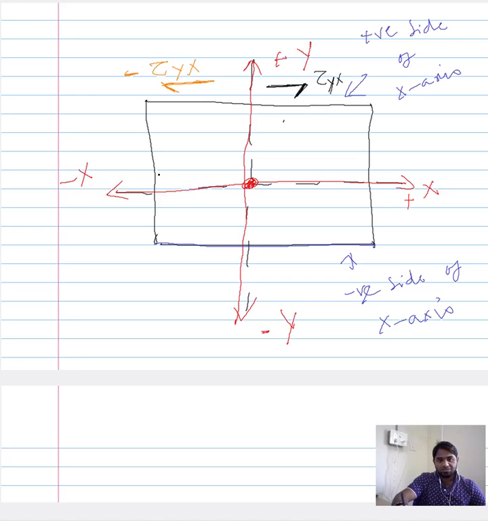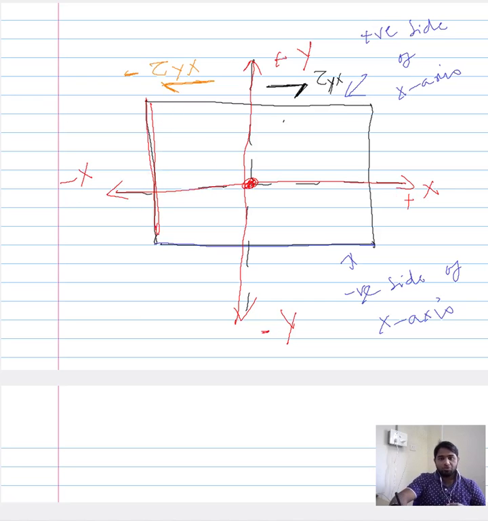Such cases would be something like this. So this plane here, if you talk in terms of the x-axis, lies along the negative quadrant.